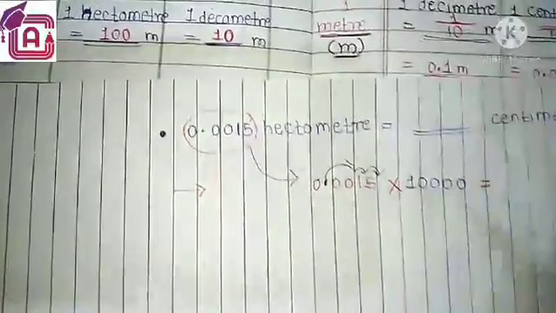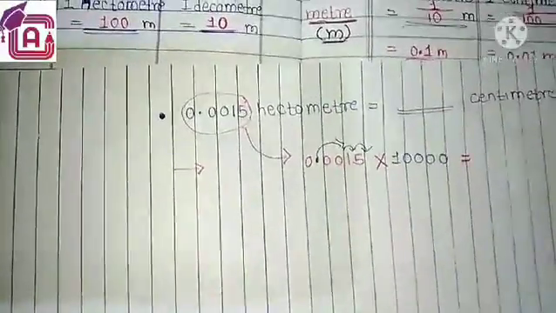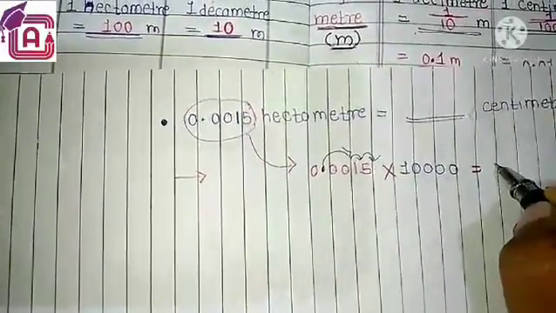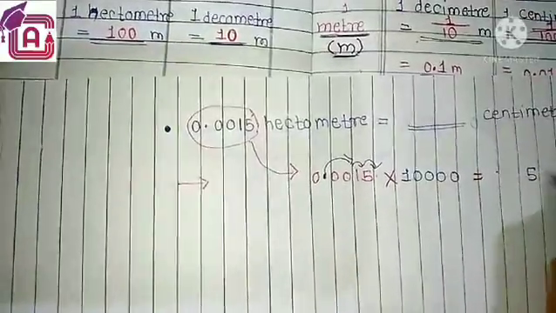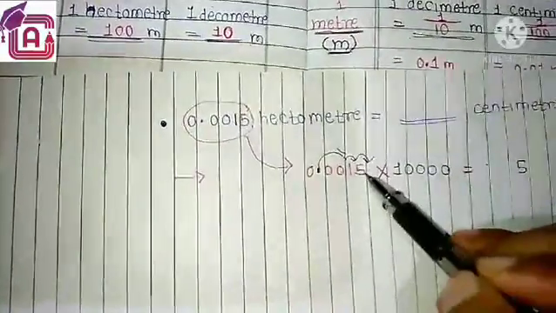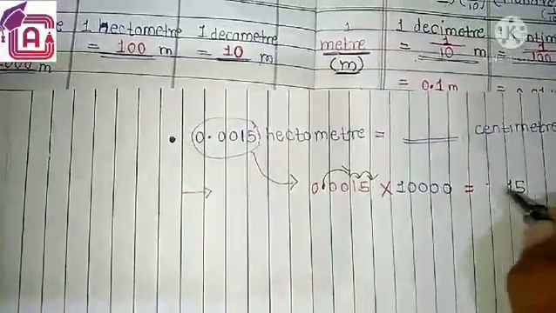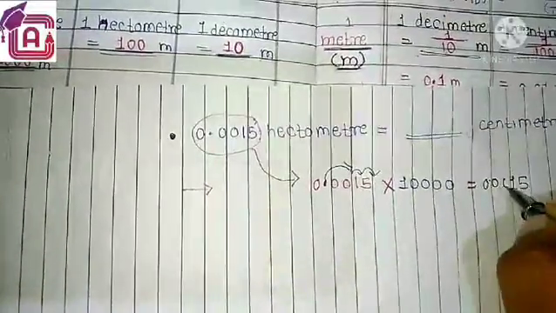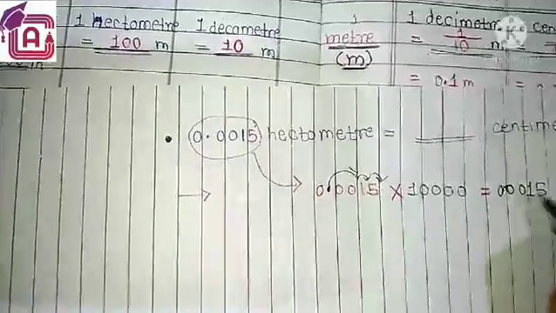So the decimal point comes after the 5 because 4 places are there. So I am writing here the decimal point after the 5. No need to write the previous numbers because the number is finished. So 0, 0, 0, 1, 5, because this decimal point is now coming after this 5.